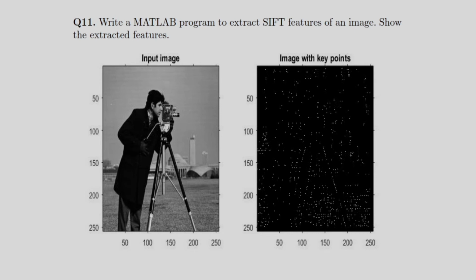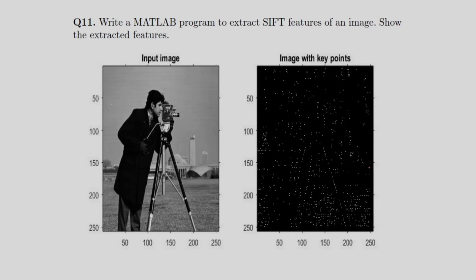After this I have to neglect the low contrast key points and also the edge pixels corresponding to the key points. By considering the Hessian matrix I can remove the edge pixels which are detected as key points. After this I have to do the orientation assignments, and finally I will be getting the SIFT descriptors.